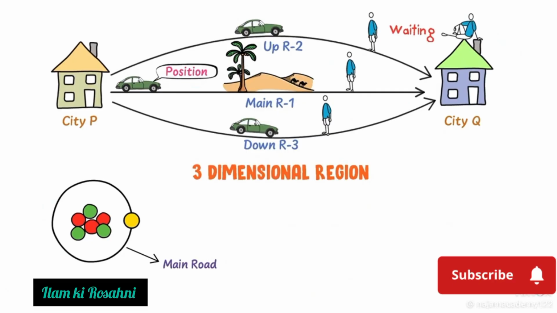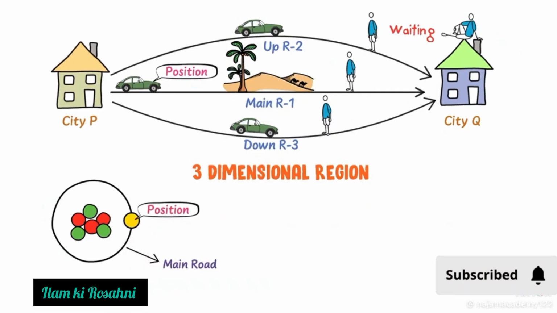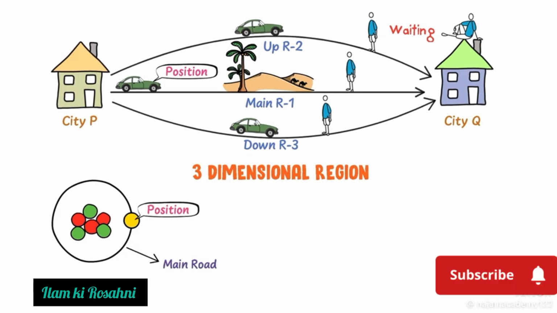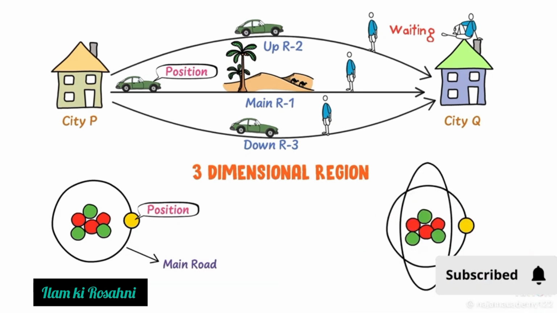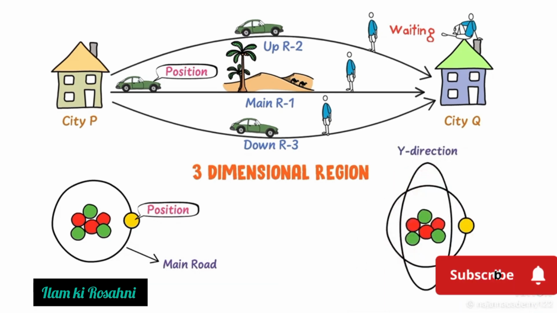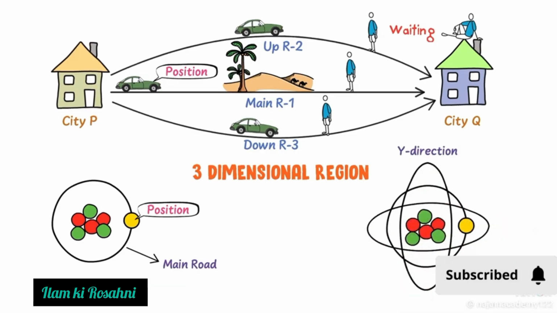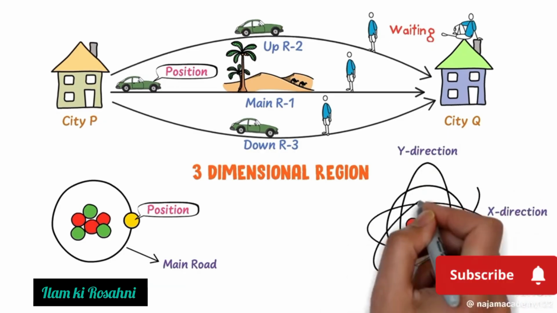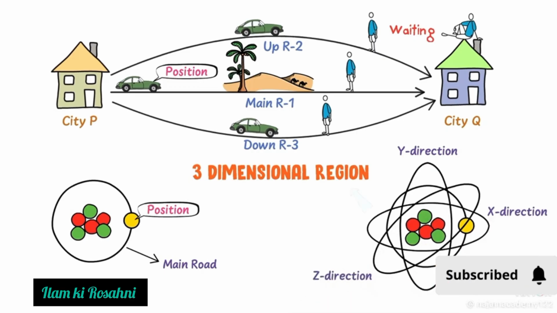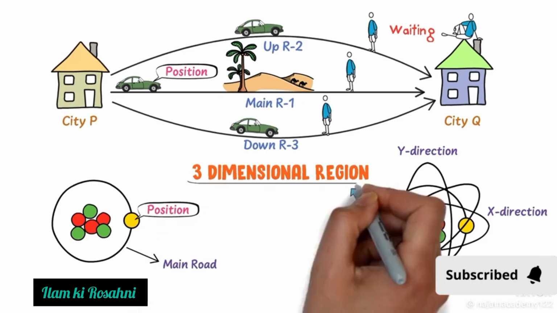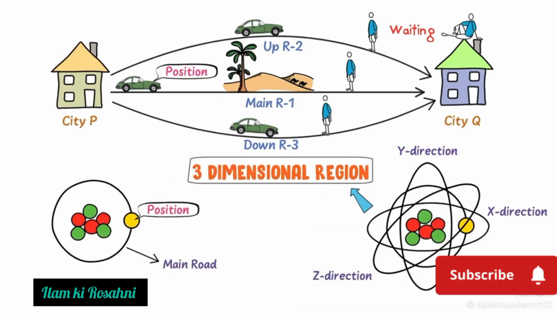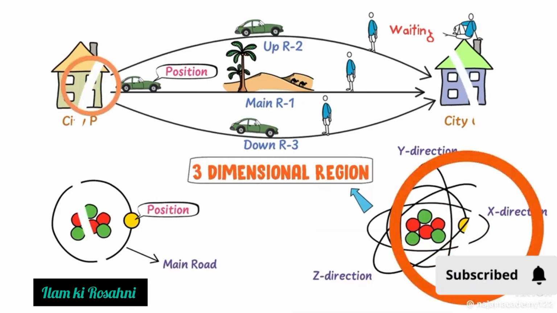Similarly, if you want to find the position or location of an electron around the nucleus, then it may be revolving in this direction or y direction, or it may be revolving in this direction or x direction, or it may be revolving in this direction or z direction. So the space around the nucleus in x, y and z direction is the three-dimensional region where we can find this electron.